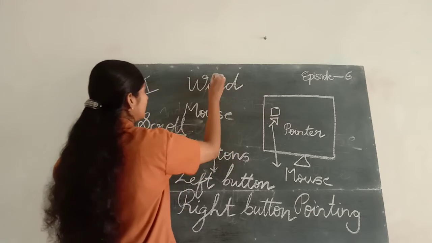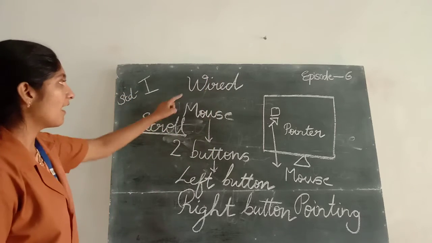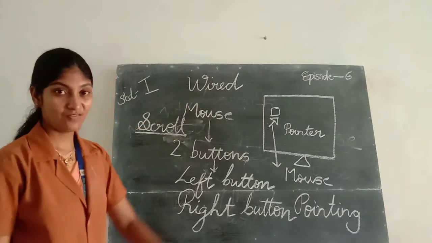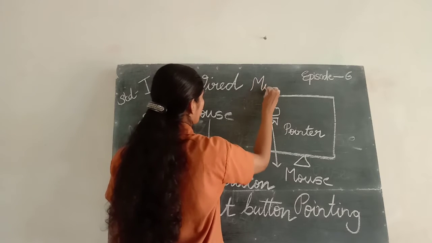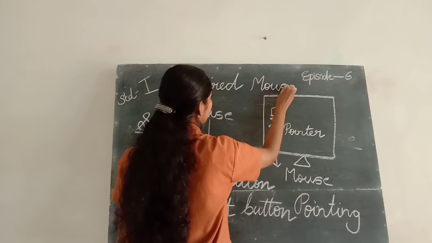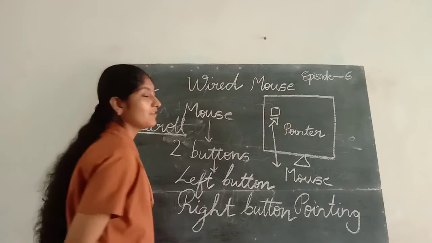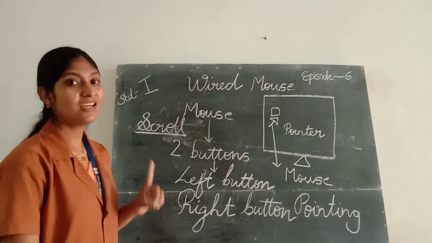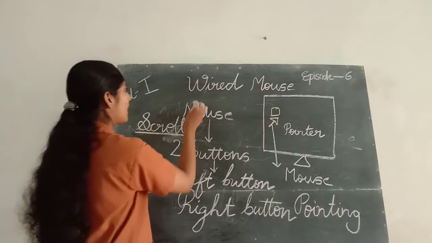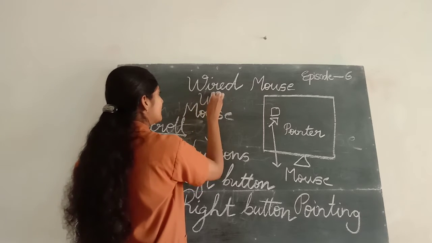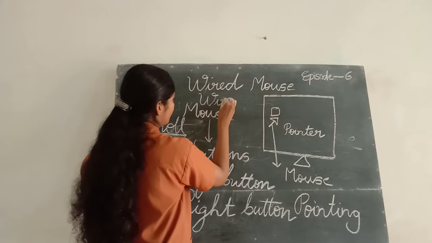Wired, W-I-R-E-D. Wired mouse, M-O-U-S-E, which contains a wire which is connected to CPU. That is a wired mouse. Another type is wireless mouse.